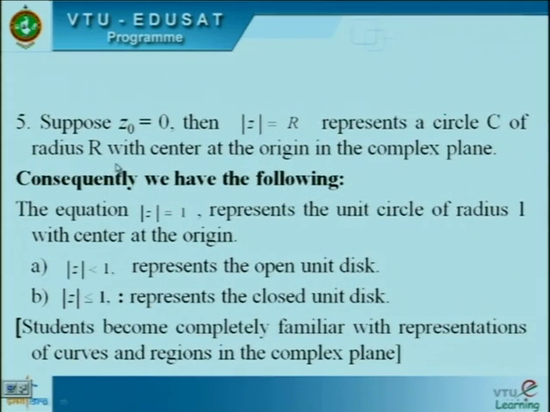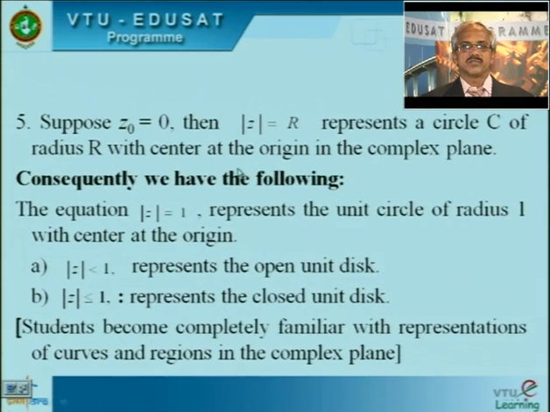Suppose z0 is equal to 0, then |z| = r. What we have known is that if z0 is there, |z - z0| = r represents a circle of radius r with center z0.